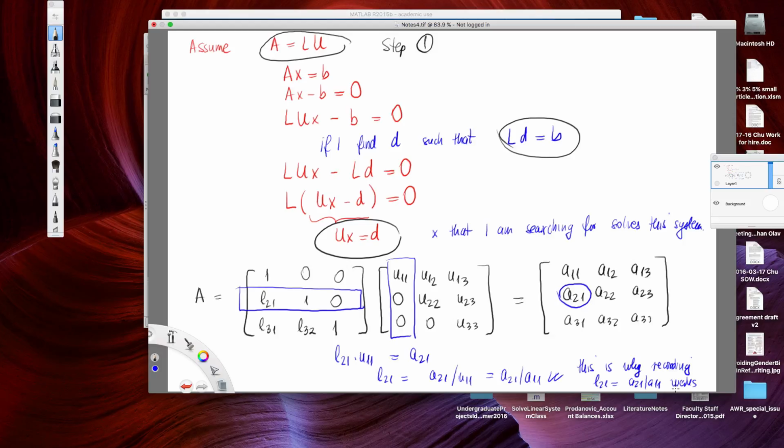I would have multiple possibilities. And this 1 means I'm leaving the first row unchanged. So obviously, if I multiply these two, I'm going to have U11 equal to A11. That means that I didn't change the first row.